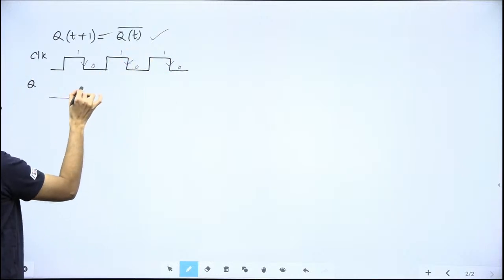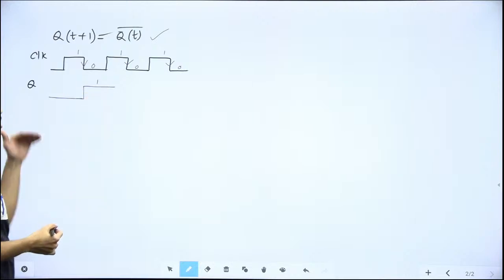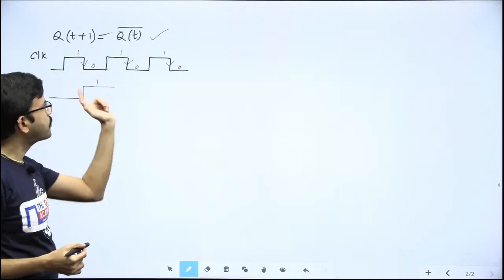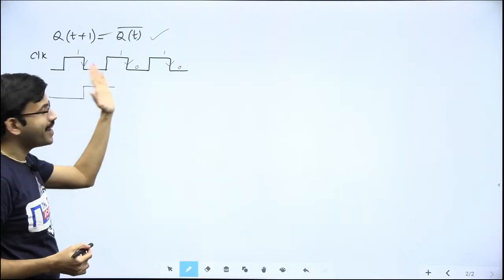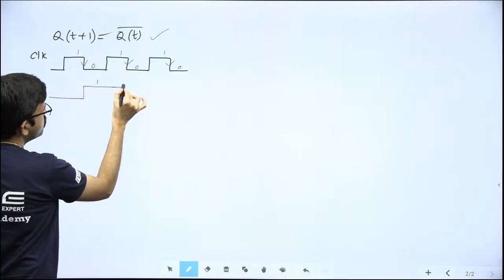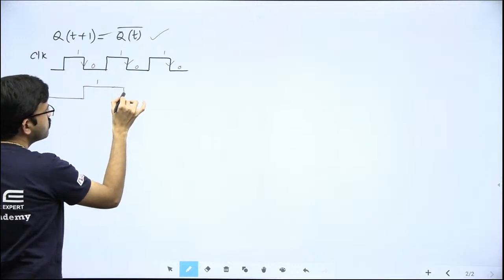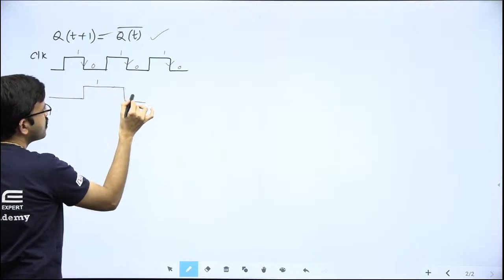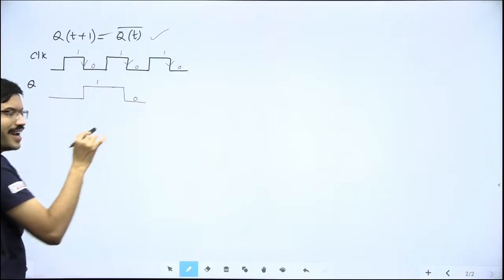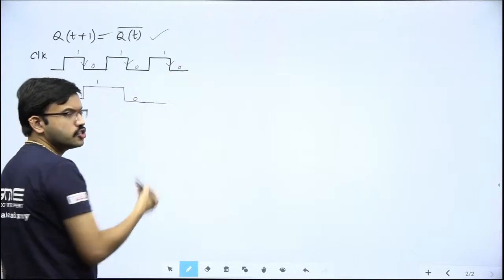Up to now you have 0, so 0 will be complemented to 1. In this state it will remain until you provide the next negative edge of the clock signal. Here you are applying a 1 to 0 transition, so now this value will become 0, and once again it will stay at 0 until you apply another 1 to 0 transition.